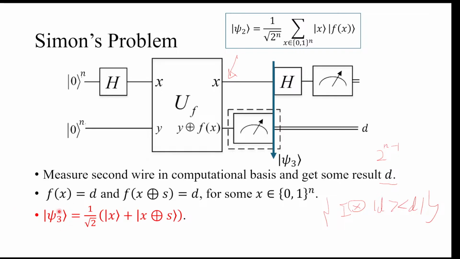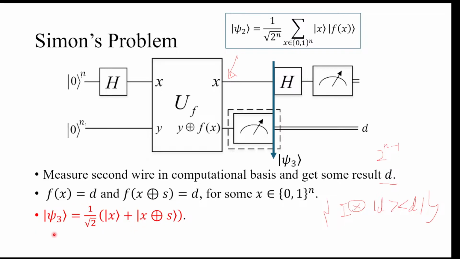You can also do this more carefully, because when you do the measurement here, you are projecting onto the possible outcome on the second register, tensor identity on the first register. So this is a projection property. Although technically we don't need to do this here, it makes the analysis much easier, because now we don't need to write this summation.